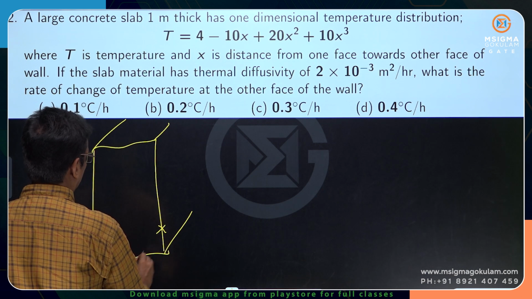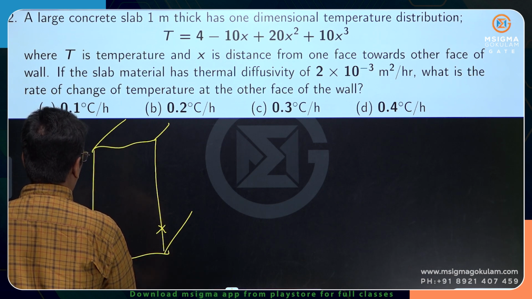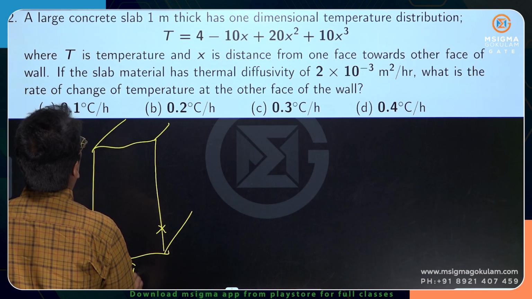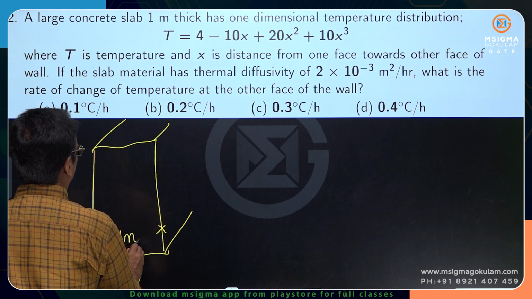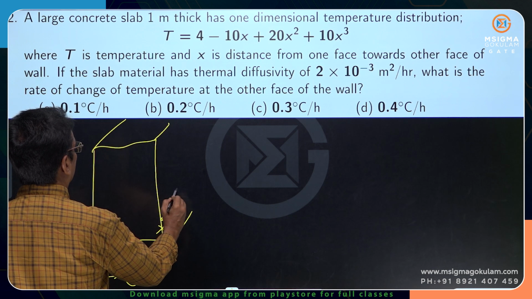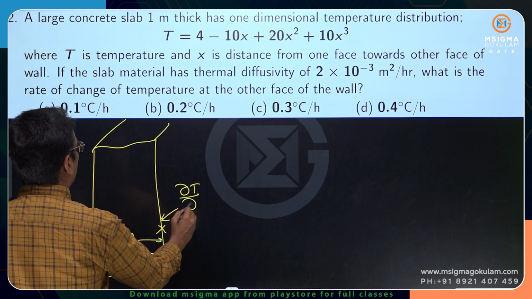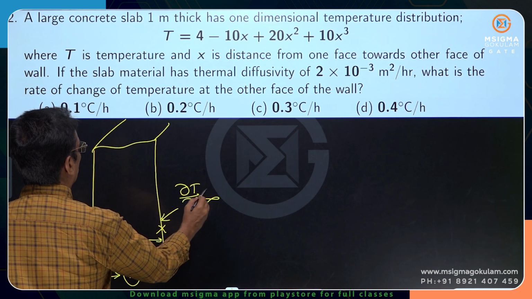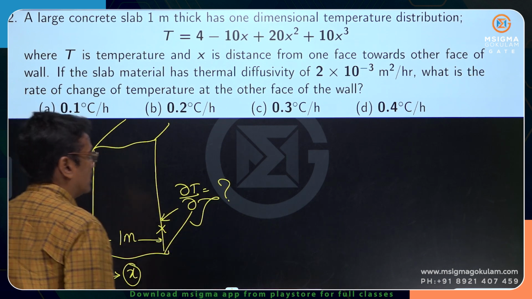The other face means here, at 1 meter thick. It is asking for dT/d tau. One-dimensional conduction, no?